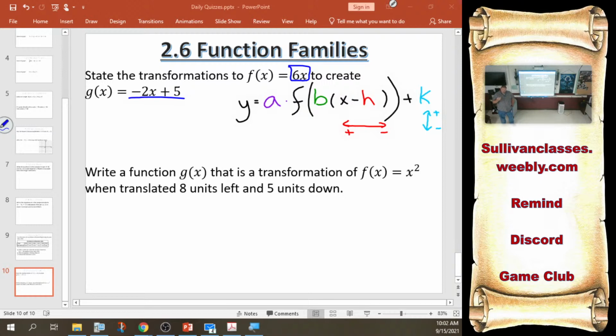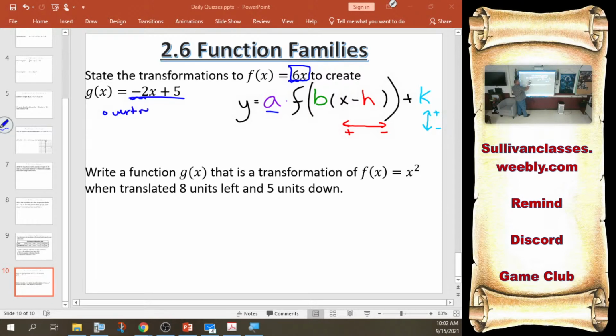If there's no parentheses around the x, if there's no absolute value around it, if there's no square root bracket, if it's not on the denominator, if there's no grouping with x, I assume that both the 6 and the -2 are in that A spot. So I took a 6 and turned it into a -2. What did you multiply by? -3. The negative is its own transformation.